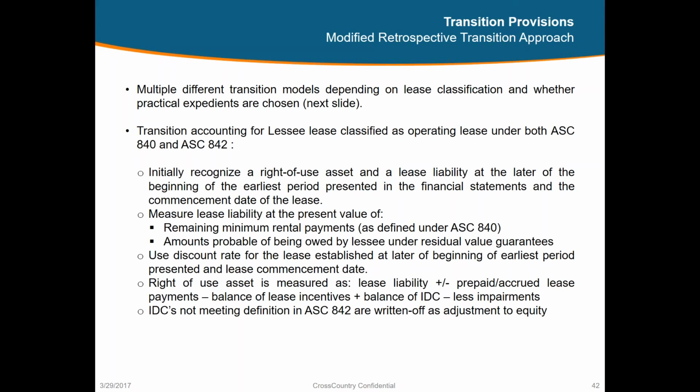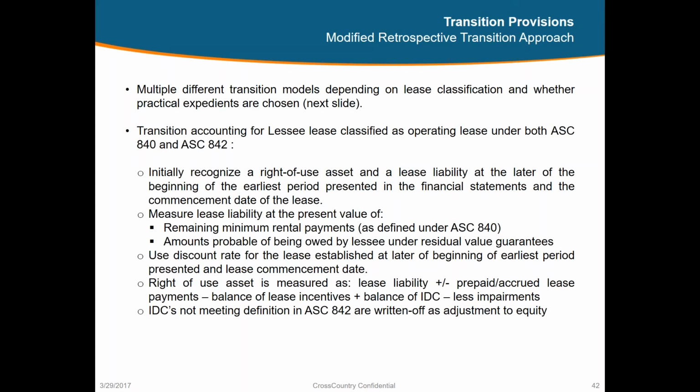For example, a lease originally classified as a sales type lease under topic 840, subsequently classified as an operating lease under topic 842, will follow a different transition model than a lease classified as an operating lease under both topic 840 and topic 842. Each model follows a modified retrospective approach that defines the balance sheet accounting, the date of initial application, and the subsequent accounting for the lease.